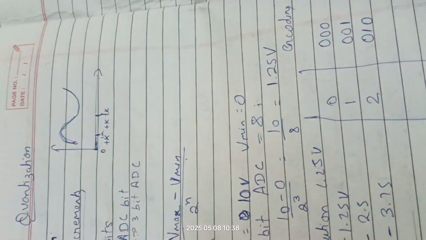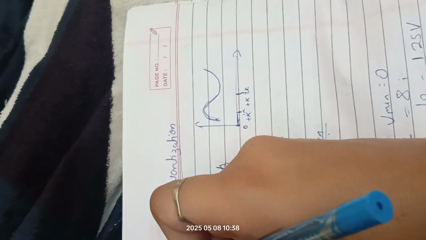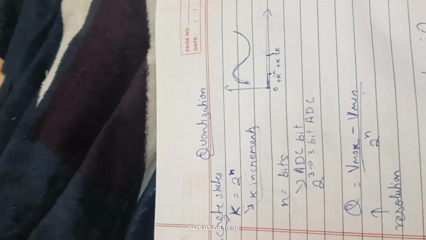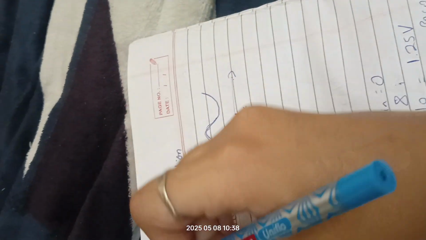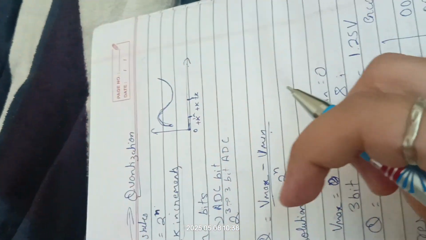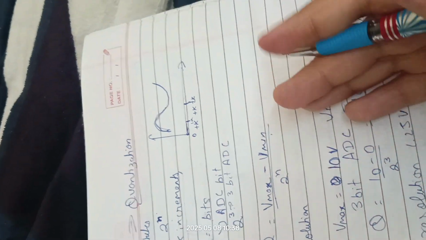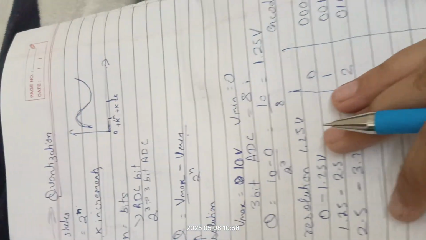Also we see that k decides the discrete states. Quantization is dividing the segment, separating the input signal into discrete states. And what's the encoding?